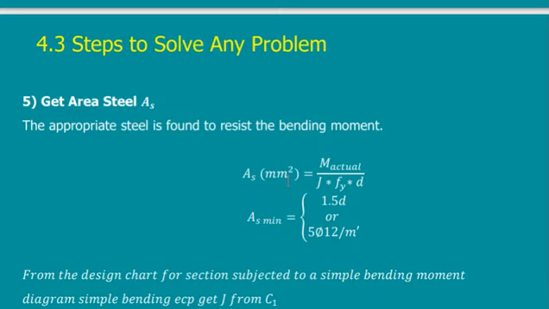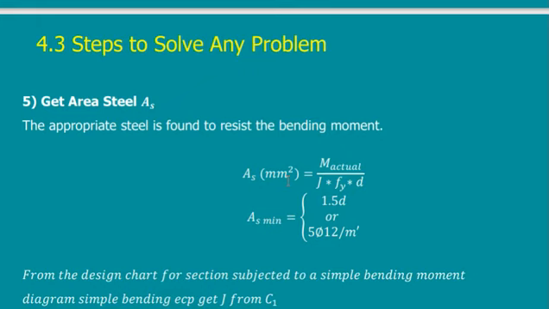Of course, when you calculate the steel, you have to keep in mind that there is something called minimum area of steel. You can calculate the steel, but sometimes you get a very small amount. This very small amount is not adequate for any section. For this section, it needs a minimum amount of steel.